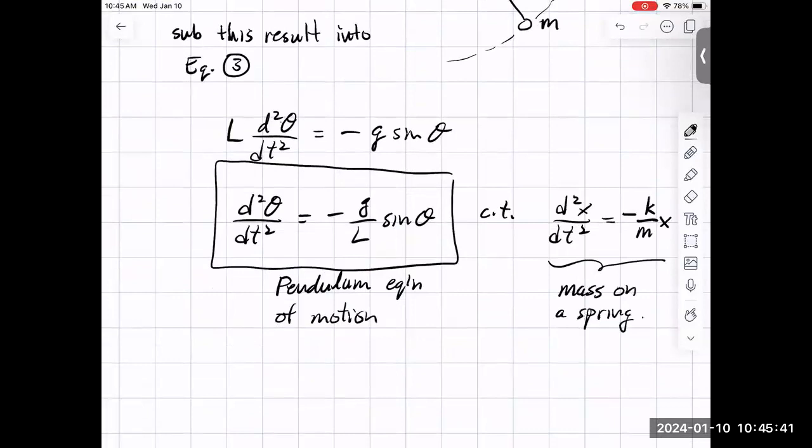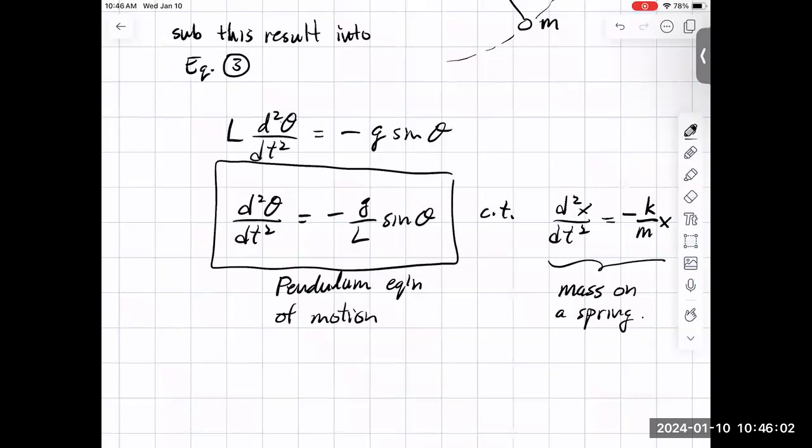Okay, so it looks like they're getting closer together. They're still not exactly the same. We have two derivatives of some position variable. For the mass, position was given by x. For our pendulum, position is given by our angular variable theta.